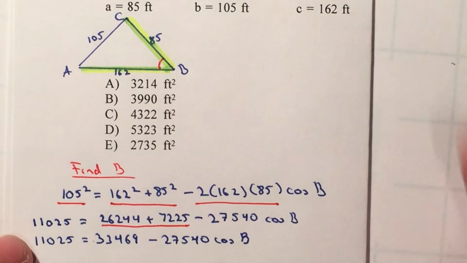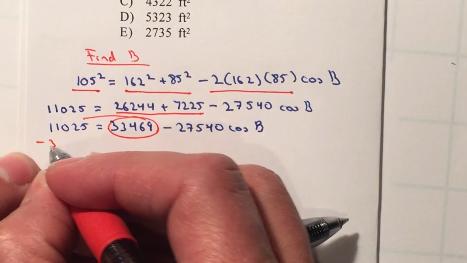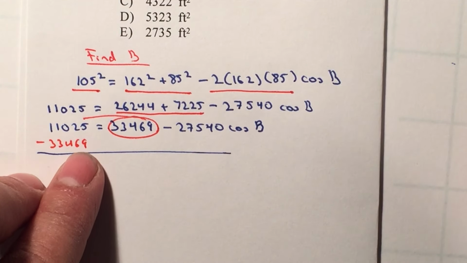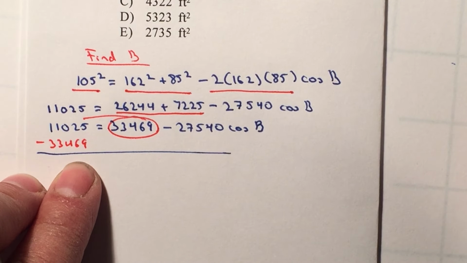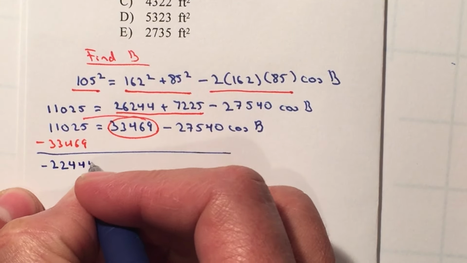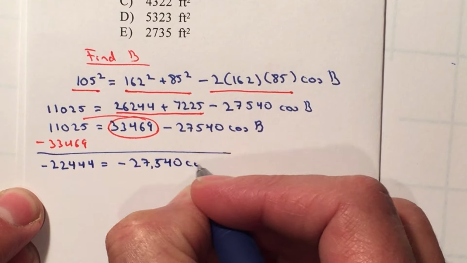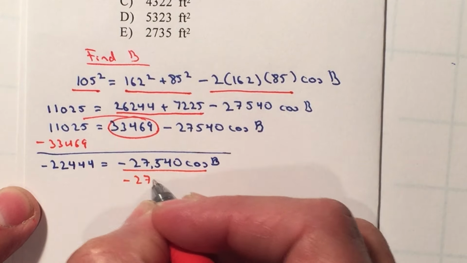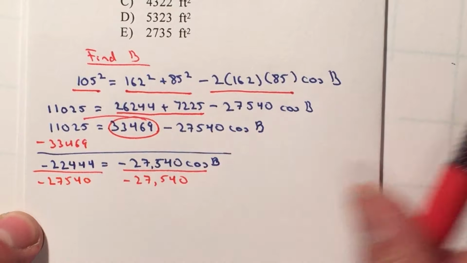And now I can solve the equation. So I'm going to move this to the left, becomes a negative. So negative 22444 equal to negative 27,540 cosine of B. So now I'm going to divide by negative 27,540, divide by negative 27,540.